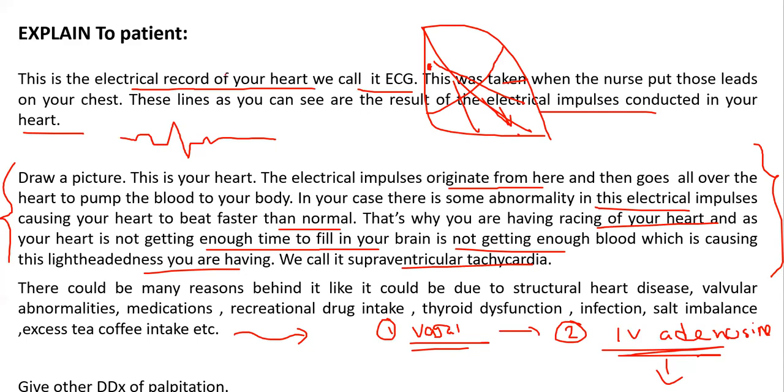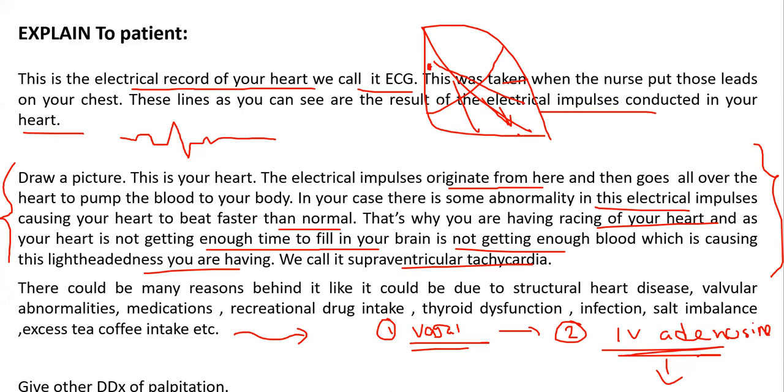You'll say that from history, physical examination, and the ECG, most likely you are having a condition called atrial fibrillation. And what is atrial fibrillation? Same. The heart beats in a chaotic rhythm, right? And the abnormal impulse also originates from the top of the heart.